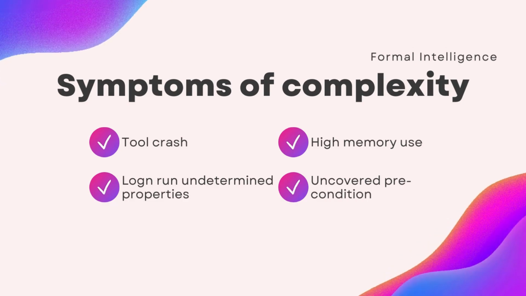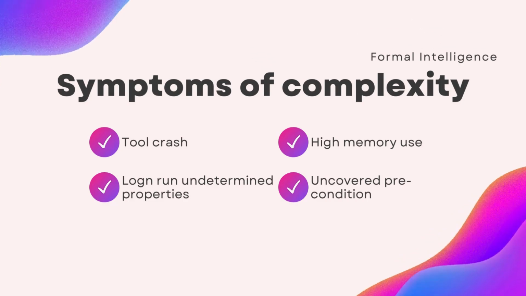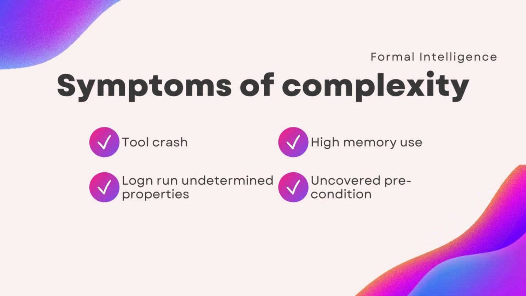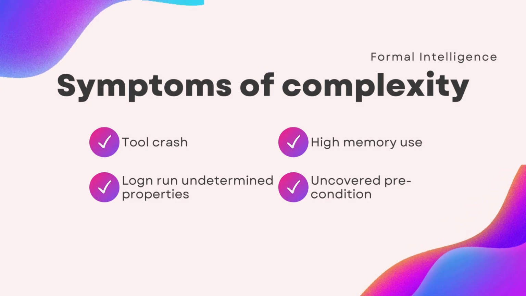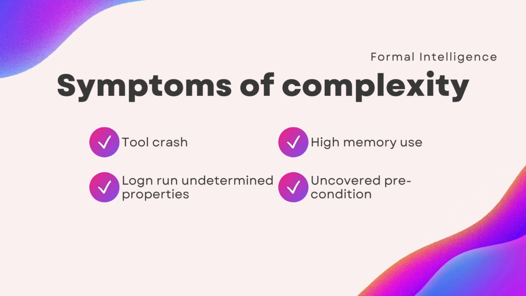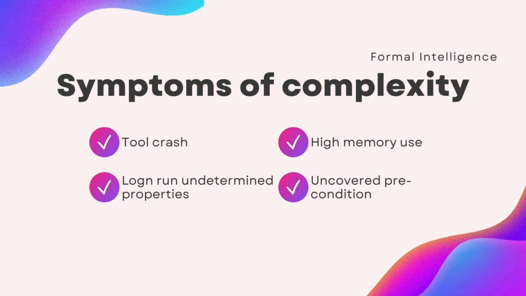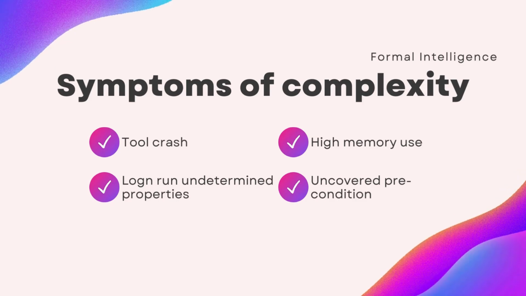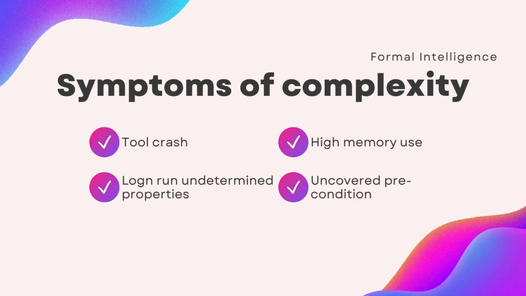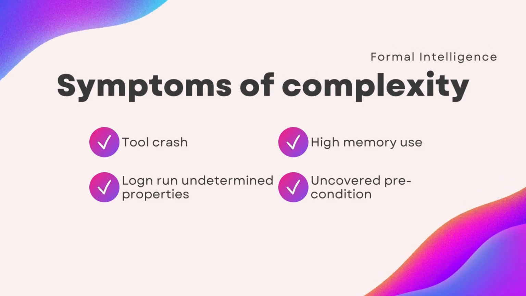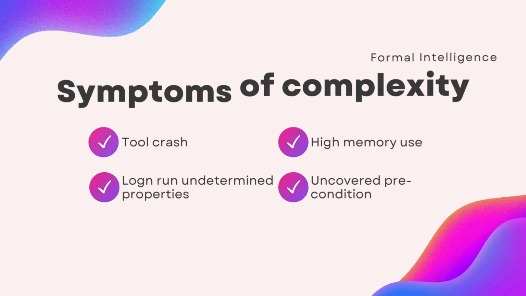In short, you have so many undetermined properties. And in another category, you have cases where the precondition or the cover for that property itself is not hit. These could be the signs where you need to start looking at fixing the complexity issues in your formal verification environment.